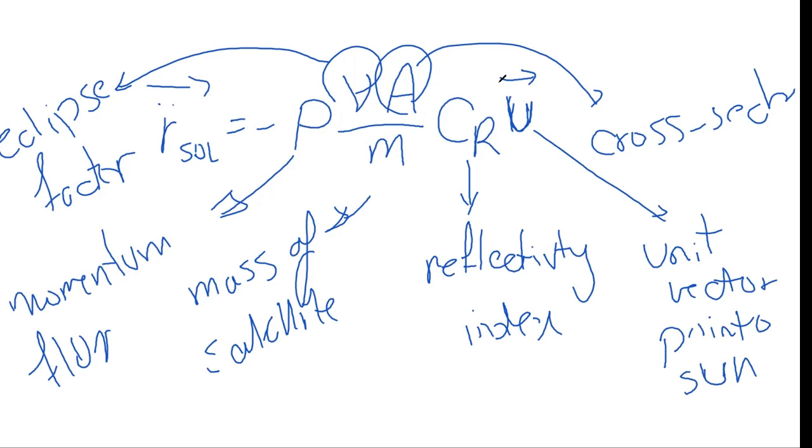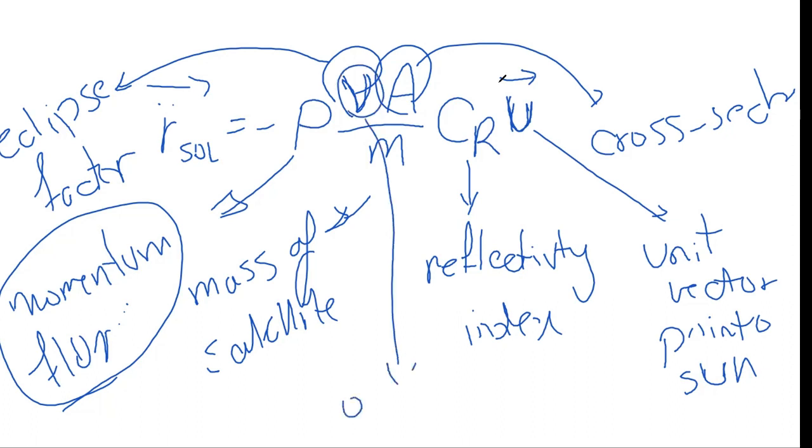Let me draw a figure. P is a constant value. As a reminder, the eclipse factor is a value between 0 and 1. When the satellite is in shadow, it is 0. When the satellite is coming back to the light, ν will be between 0 and 1, and when it is not in shadow, in the light part, then it is 1.